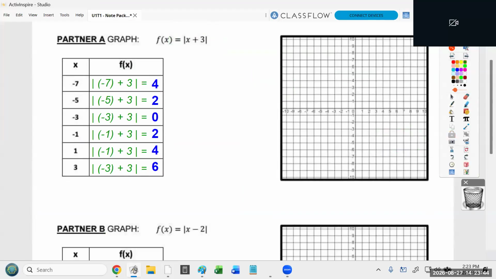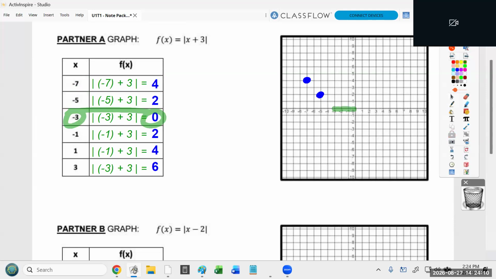I'm going to start with the point -7, 4. Then I'm going to go to -5, 2. Now the next one has a 0, and I keep warning you, zeros seem to be the ones people mess up the most. Remember, all that means is when you start at the origin, the -3 means go left 3.